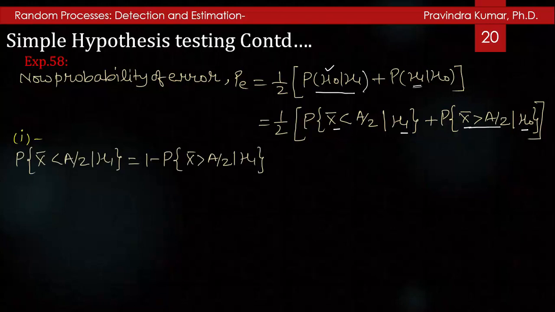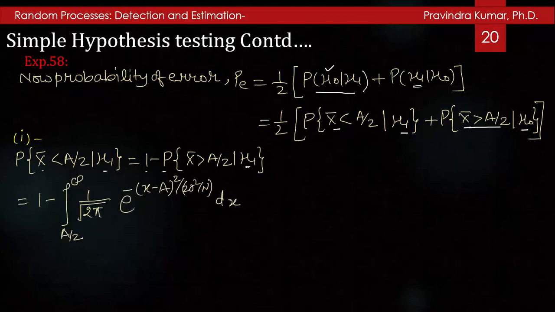So in the first part we will calculate the probability that the sample mean is less than A by 2 when hypothesis H1 is true. It will be 1 minus the probability that the sample mean is greater than A by 2 when H1 is true.